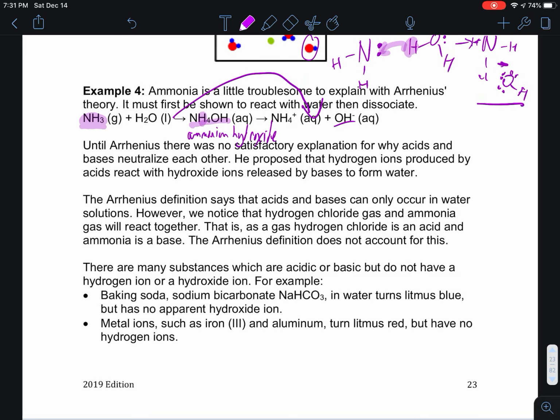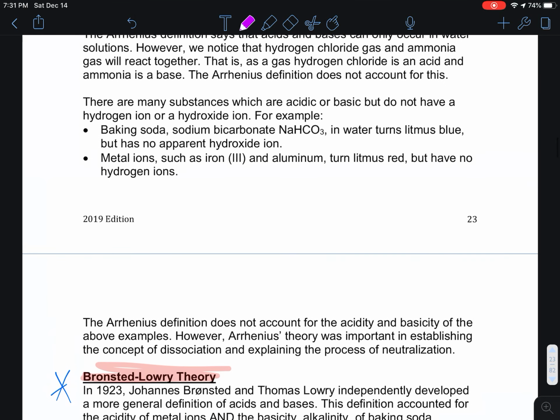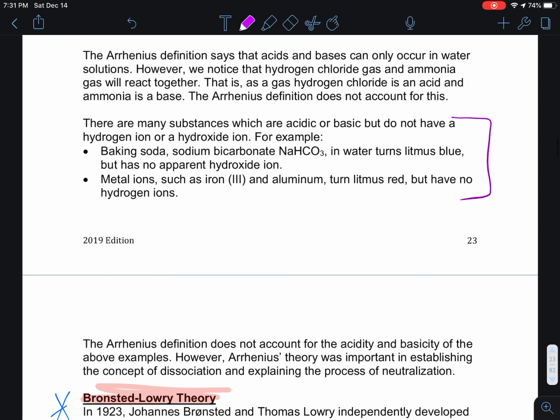So the Arrhenius definition doesn't really describe this properly, right? There's no release of hydroxide. So they thought, okay, well, there's got to be some other way this happens. And there's even some other examples like baking soda, which is sodium bicarbonate. It also is apparently basic, but the hydrogen ion is not released.